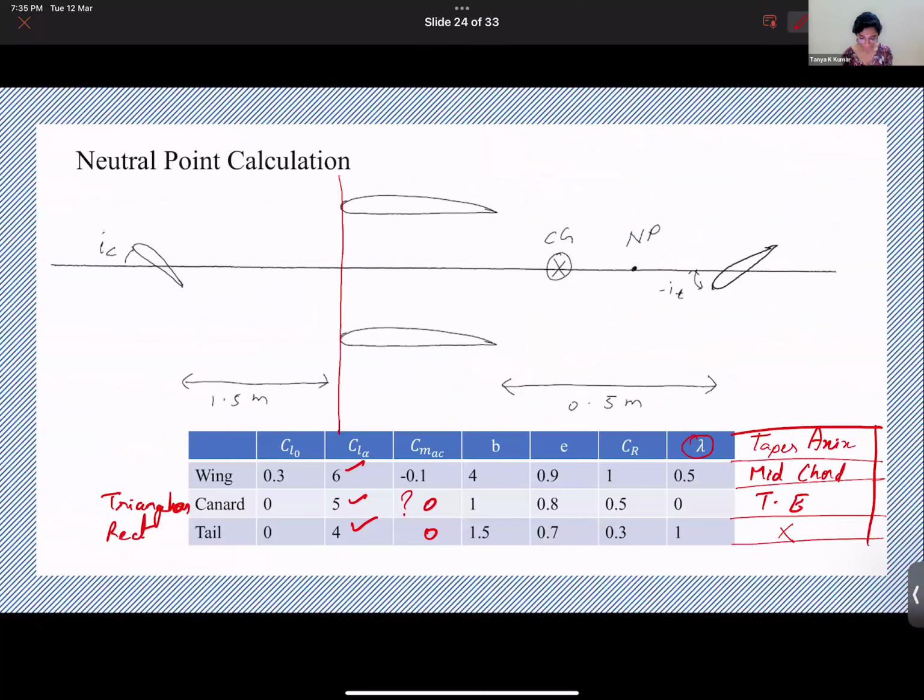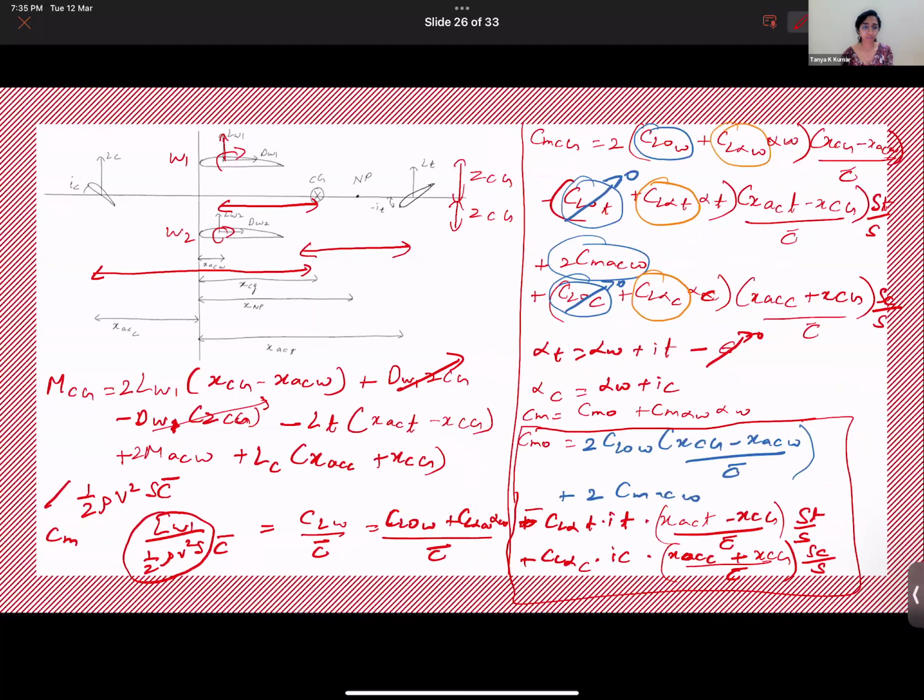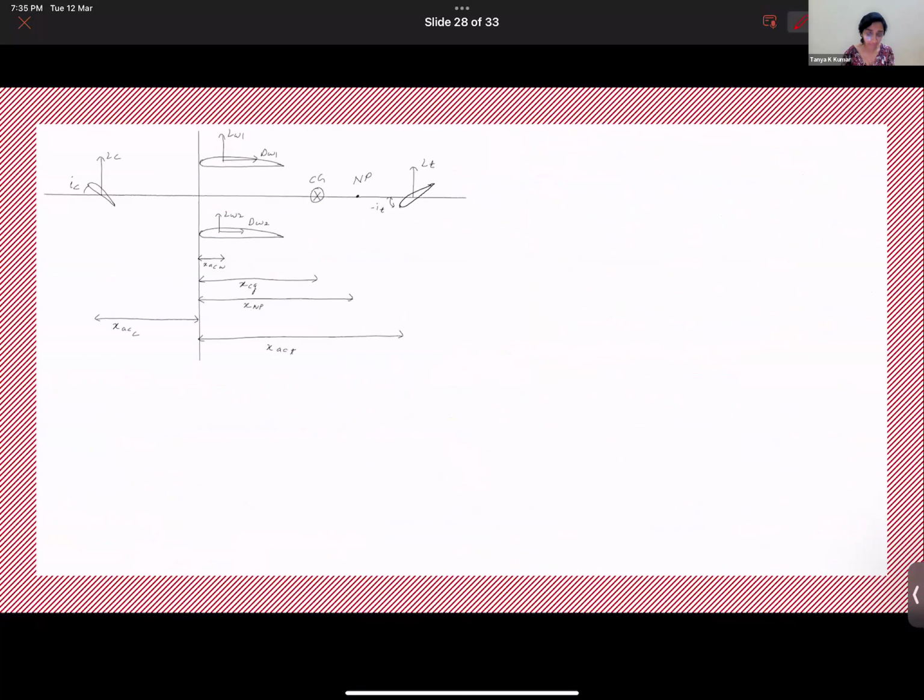We have 1.5 meters here. This is 1.5 meters, this distance. Correct? How do we find out XAC wing, XACC, XAC tail? How do we find out?